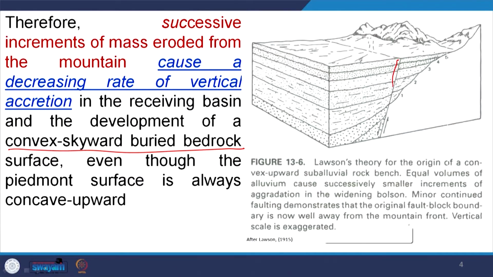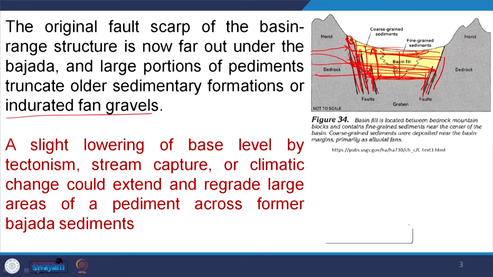Now, in this particular block diagram, suppose there is a fault which has formed at this mountain front and it created a basin. Once it created the basin, on both sides, as in this figure, whatever sediments are eroded from this side will be confined here.